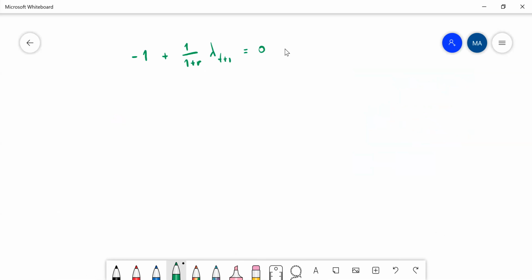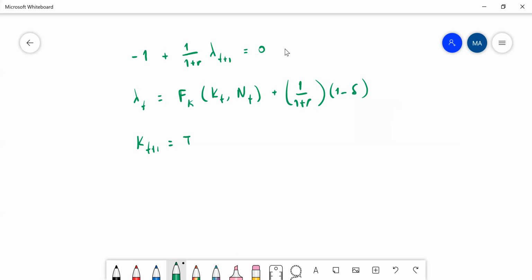Yes. And then you have lambda_t equals F_K(K_t, N_t) plus 1 over 1 plus r times 1 minus delta, right? You also have K_{t+1} equals I_t minus I_{t+1} minus delta K_t.